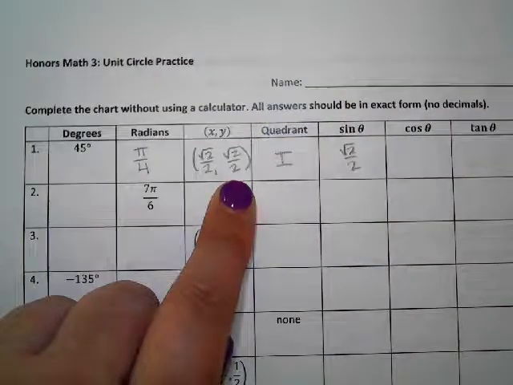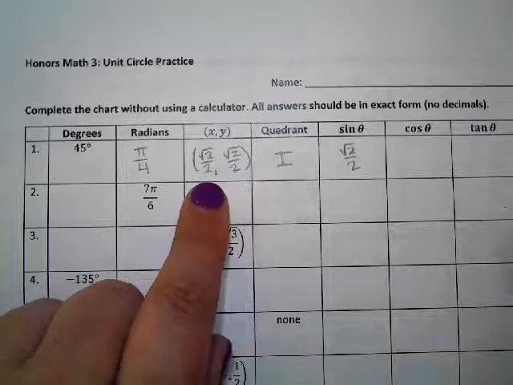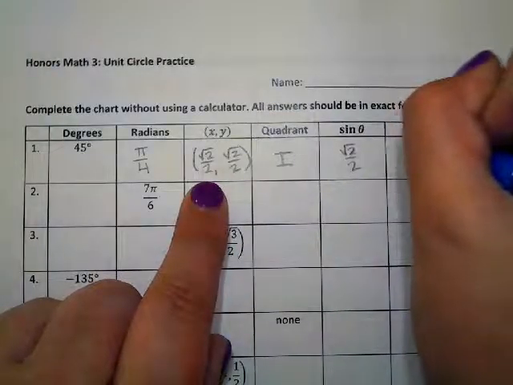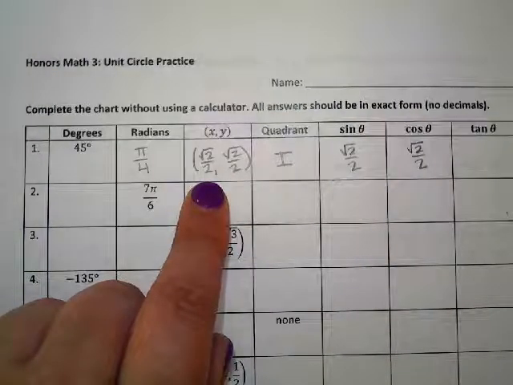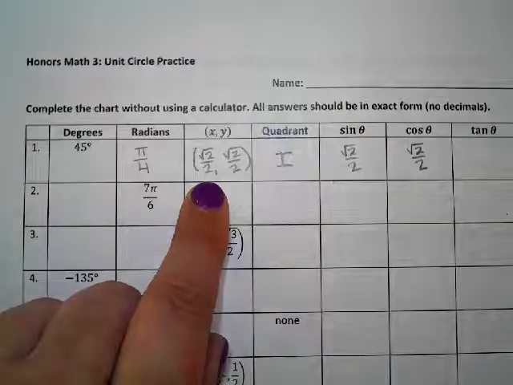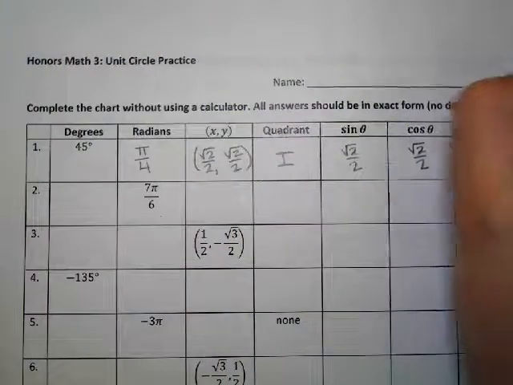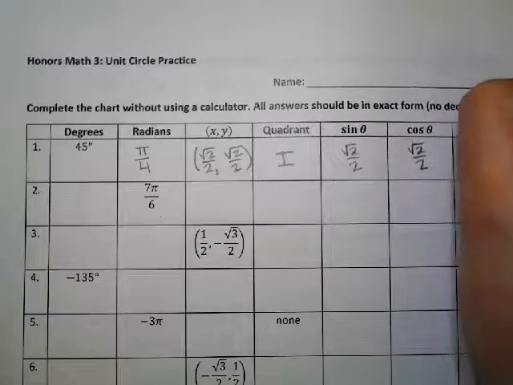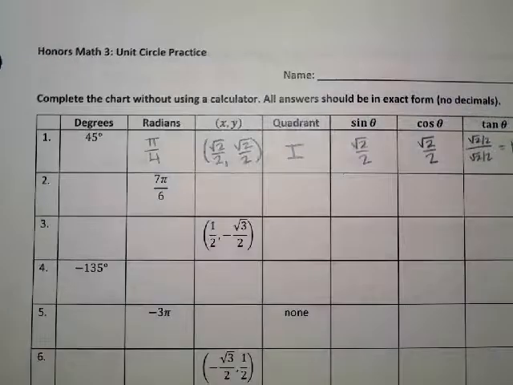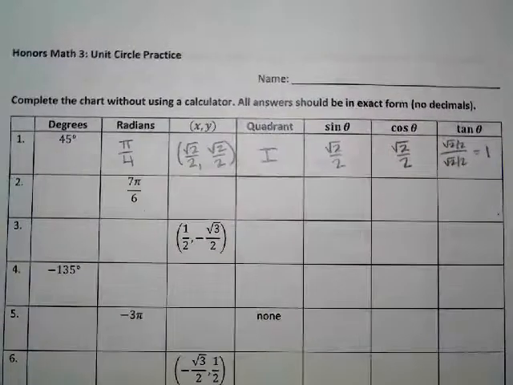And then tangent of 45, or tangent of pi fourths, is what? 1, yeah, because it's root 2 over 2 divided by root 2 over 2, and when you take the same thing and divide it by itself, you get 1. Okay. How do you guys feel about that? Make sense? Okay.